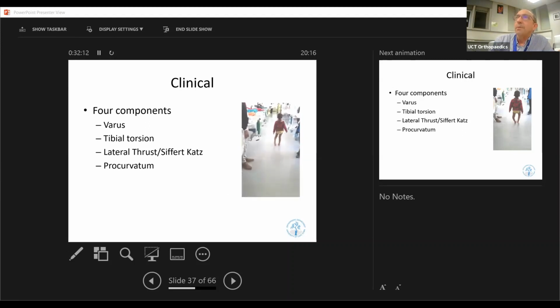the varus, obviously. Tibial torsion, and if you look here carefully, this is unilateral. If you look at the foot progression angle, bilaterally it is straight ahead. But if you look at the left-hand side knee with the Blount, the patella should be facing laterally as a mechanism to compensate, to rotate the foot inwards.